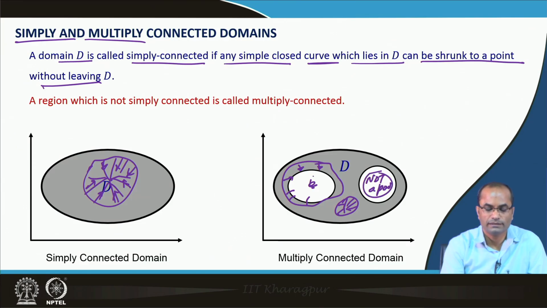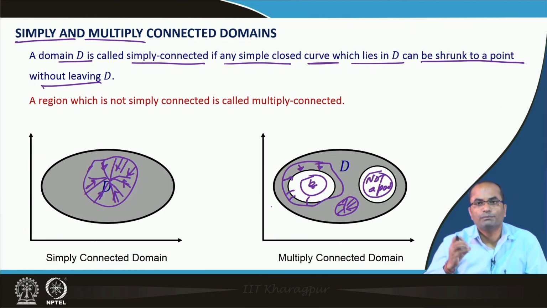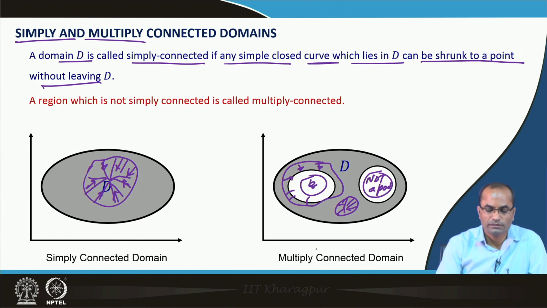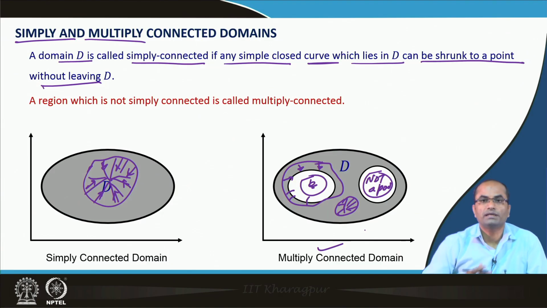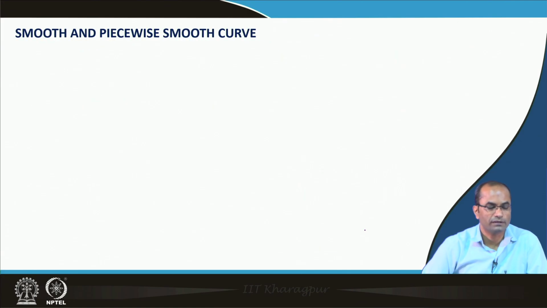So, these holes are not part of the domain. So, we cannot shrink such a curve to a point continuously without leaving the domain. So, this is not a simply connected domain, and such domains we call multiply connected domains. So, these are the two types of domains we will be considering now.